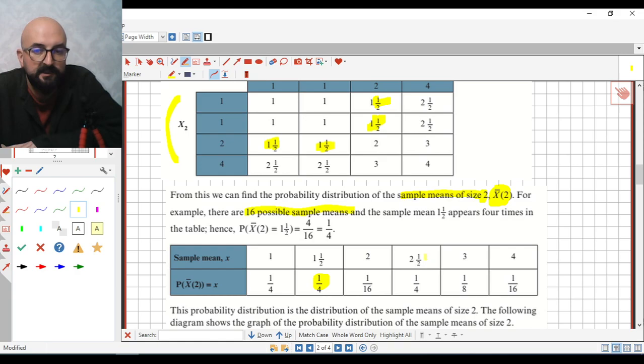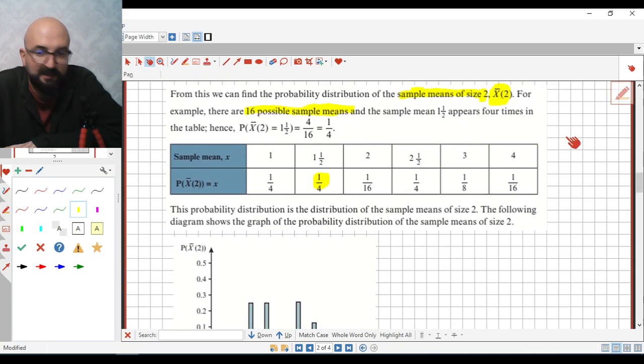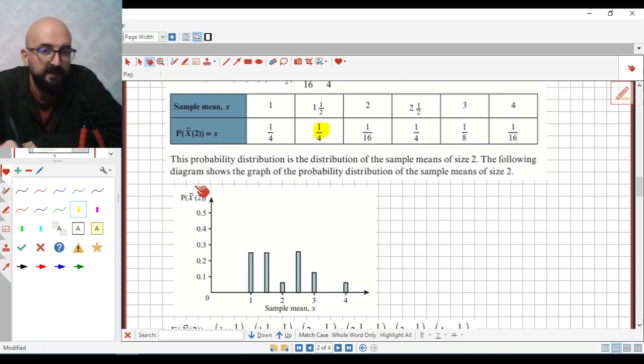The other sample means, the probabilities of the sample means are like here in this possibility table.